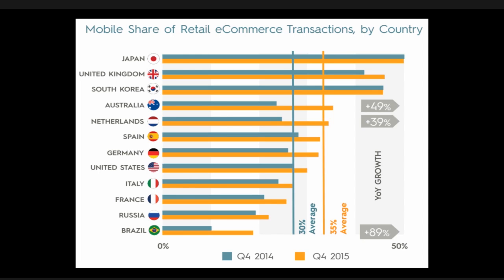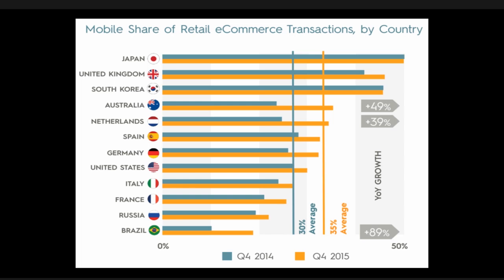Here we have the number of transactions per country made by mobile. As you can see, in Japan, 50% of e-commerce transactions are made by mobile. In the United Kingdom and South Korea, at least 40%.